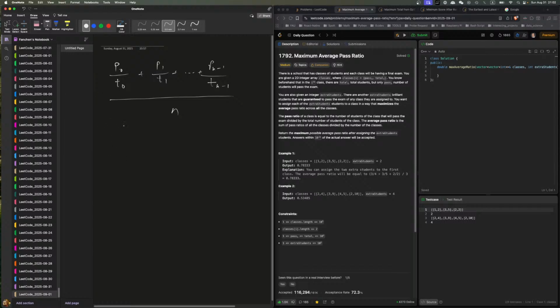I mean, it's going to be P0, T0, N. So this N doesn't really matter, right? So we don't need to worry about the N. So basically what we want to do is maximize this thing by adding some values to the numerator and the denominator and distributing them in a certain way.